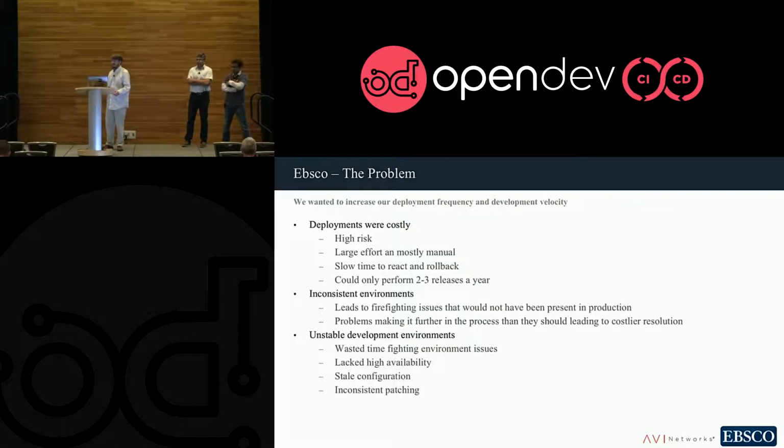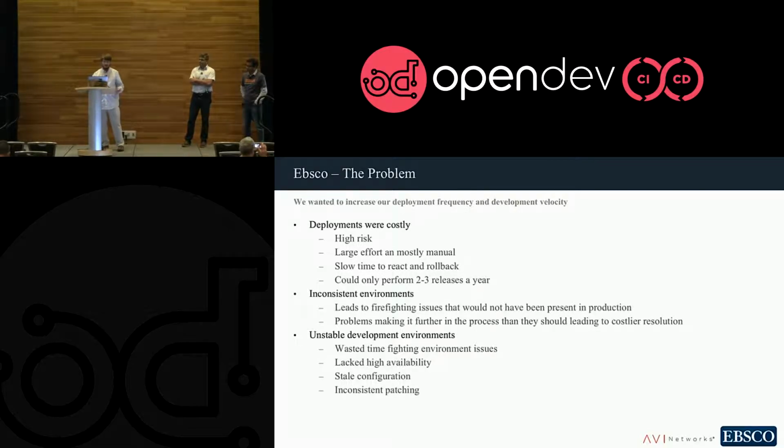We had inconsistent environments, so you have your production environments get the most love in your organization, and your development environments and everything before that tend to have different processes around them or different levels of attention. Many times this leads to firefighting issues that may not have even been a problem in a production environment, and also leads to issues that would be a problem in production making it way further down the SDLC than they should.